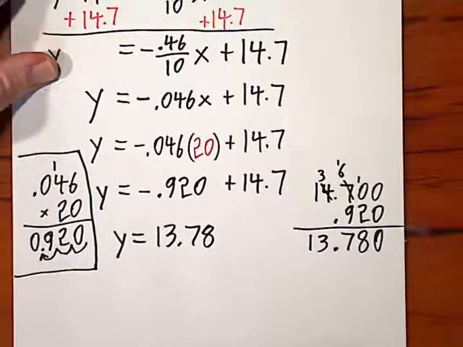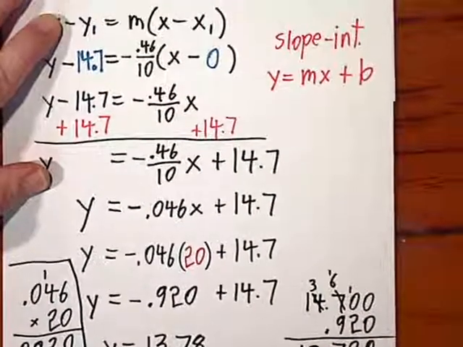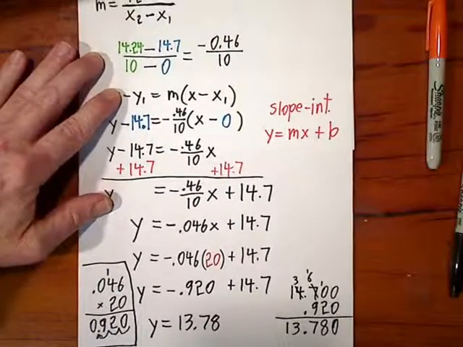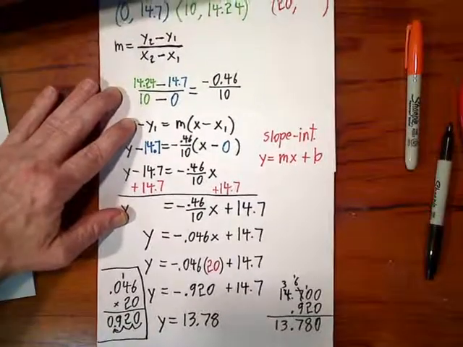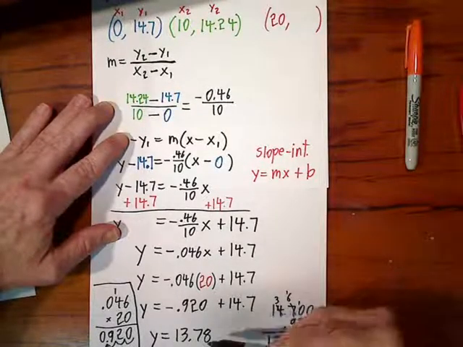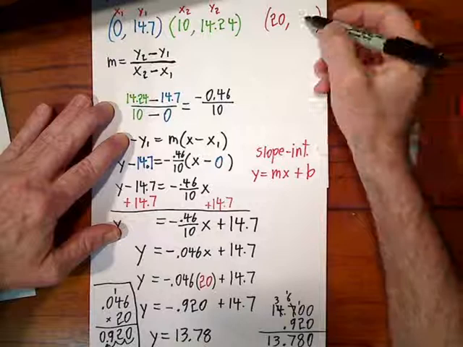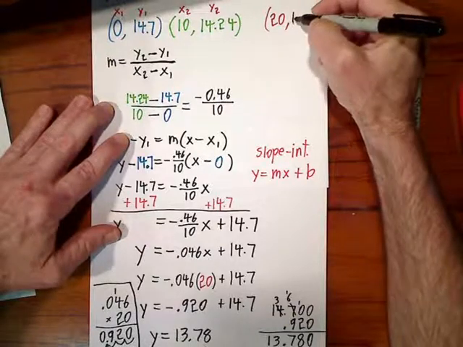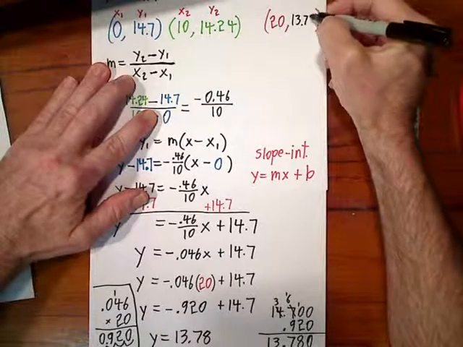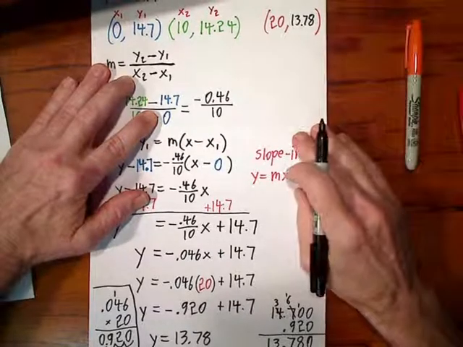So I think I'll plug that back in my ordered pair. Let me zoom out real quick. There we go. So we figured out that y is 13.78. That would go in my ordered pair. 13.78.